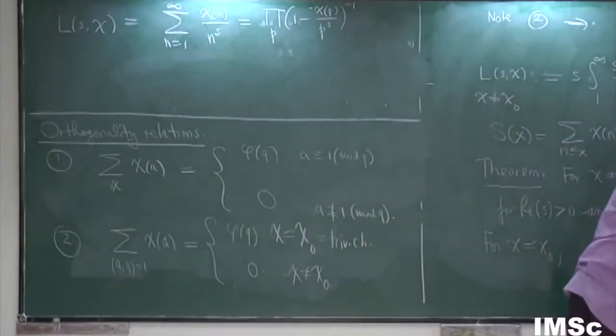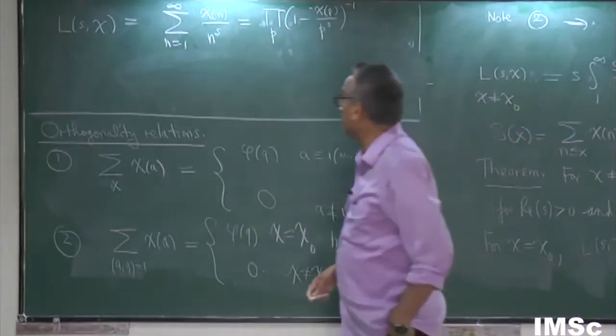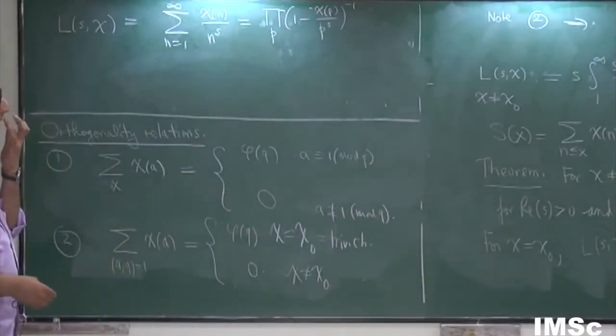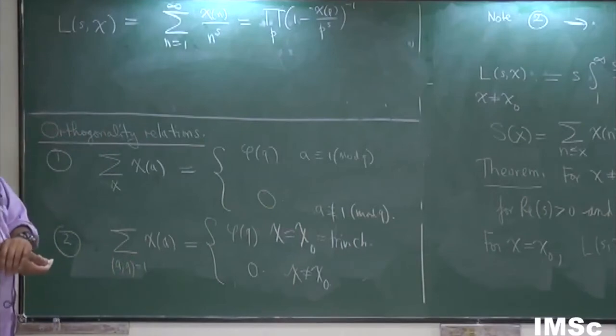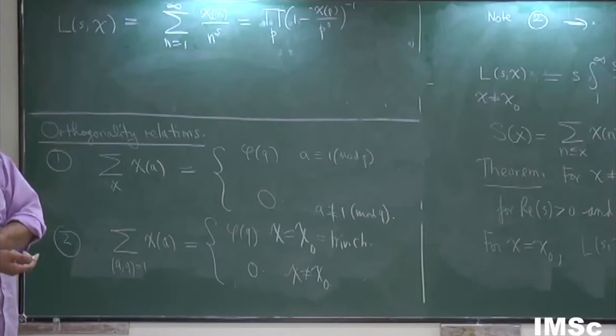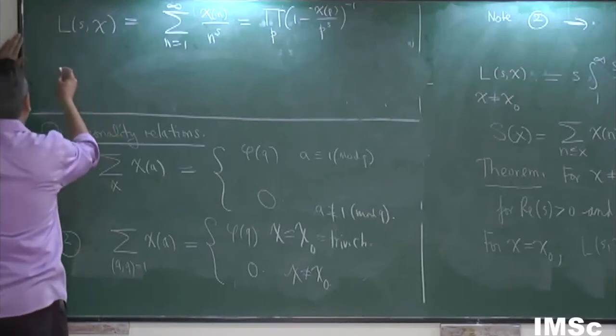So far so good, right? Now what we'd like to do is see if we can get our hands on primes congruent to a mod q. But let's try to first get our hands on primes congruent to 1 mod q. So let's look at the following combination.